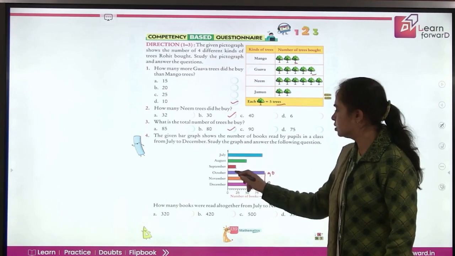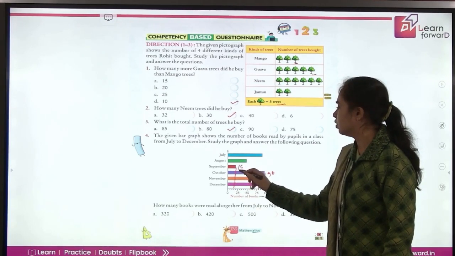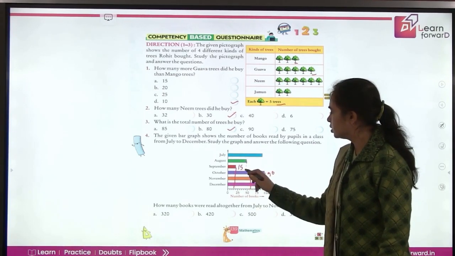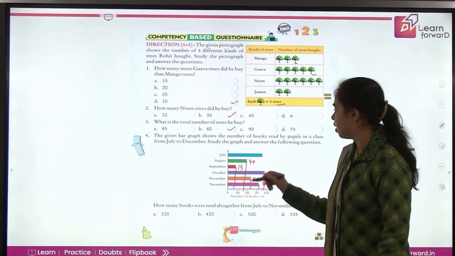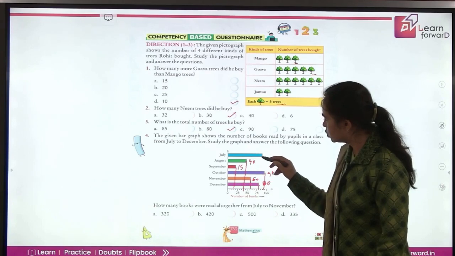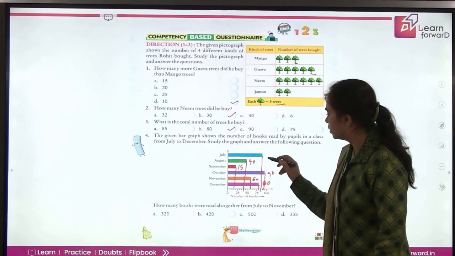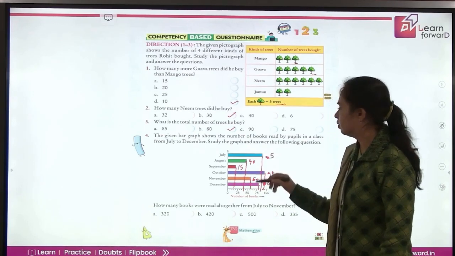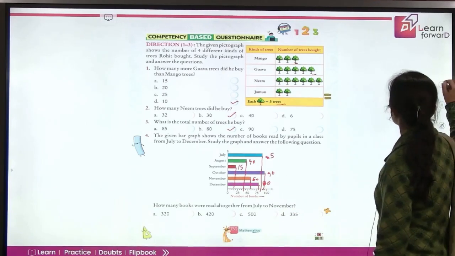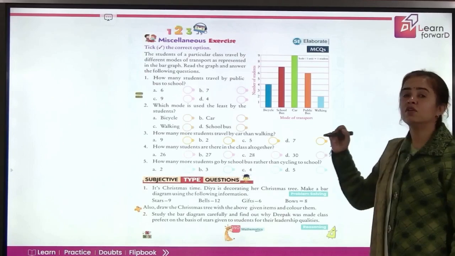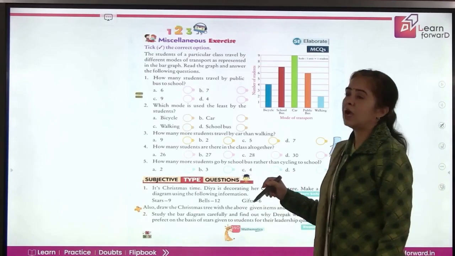And how much is this? 15. For August, it is how much? This is 40. And this is for July, 85. Right? All the numbers are written here, and we'll just calculate the total, and based on this data, we'll be finding out the number asked.